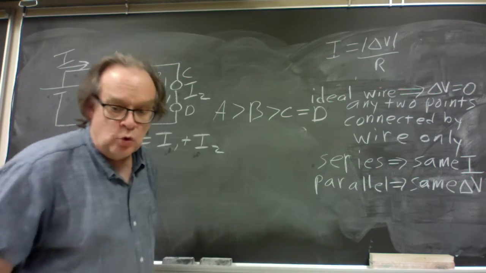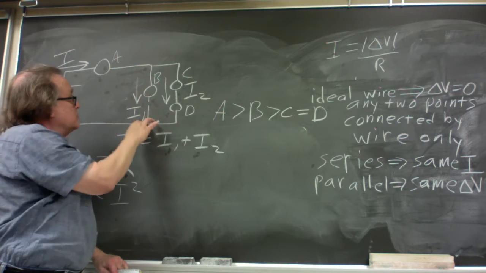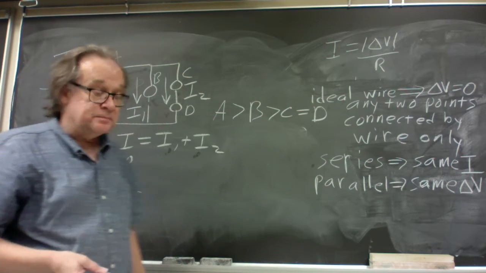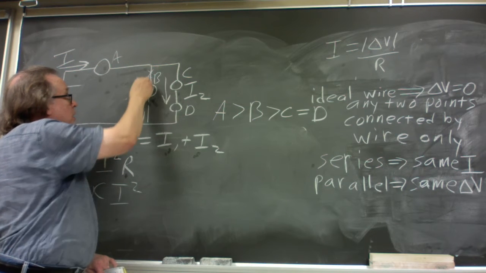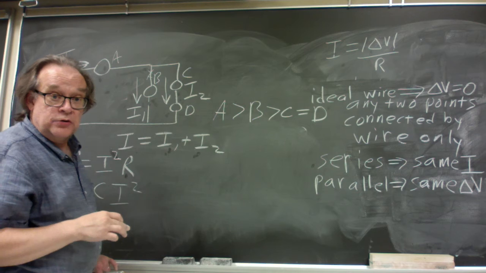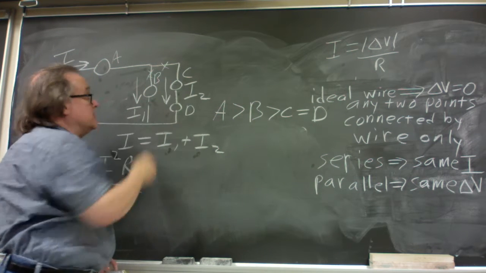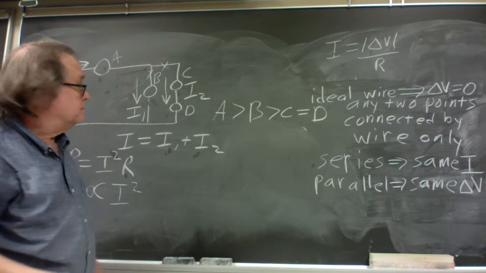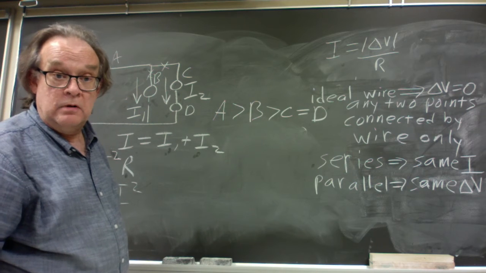Now, one more word about what I just said. I said this path and this path are in parallel. That is, the potential difference right here, where you start the current 1 path, is the same as the potential difference right here, where you start the current 2 path. It's the same potential because they're connected by nothing but wire.